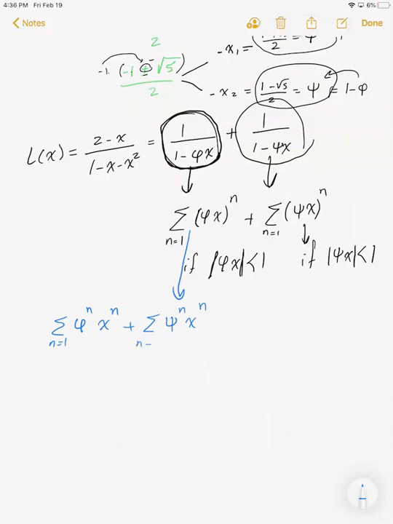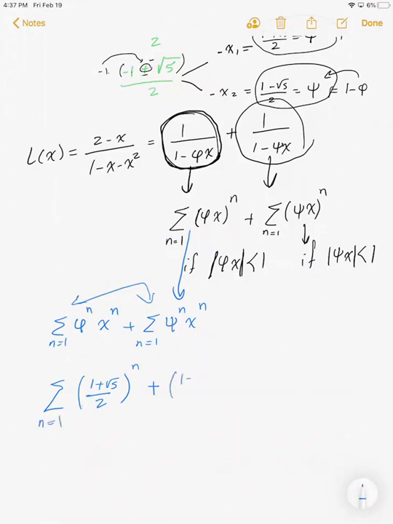And then we can put these two together, and phi is equal to, if you remember, 1 plus the square root of 5 over 2, to the power n. And I can join these two series as one.